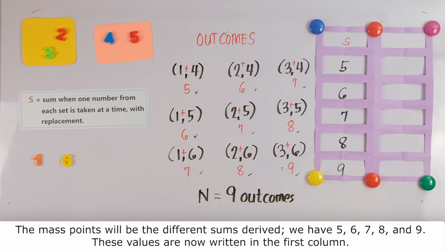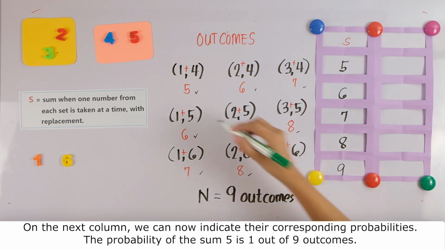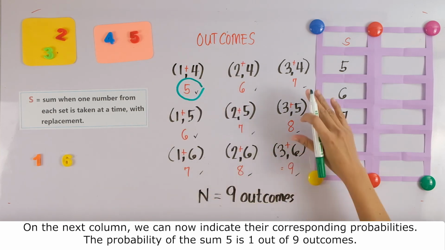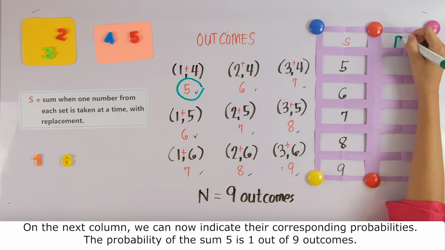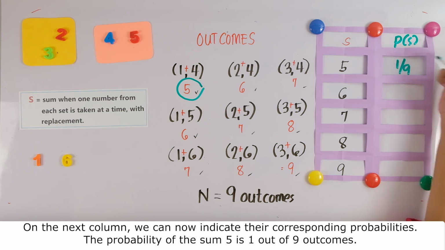These values are now written in the first column of our probability distribution table. On the next column, we can now indicate their corresponding probabilities. The probability of getting a sum which is equal to 5 is 1 out of 9 outcomes. Hence, our probability can be written as 1/9, or 1 over 9.